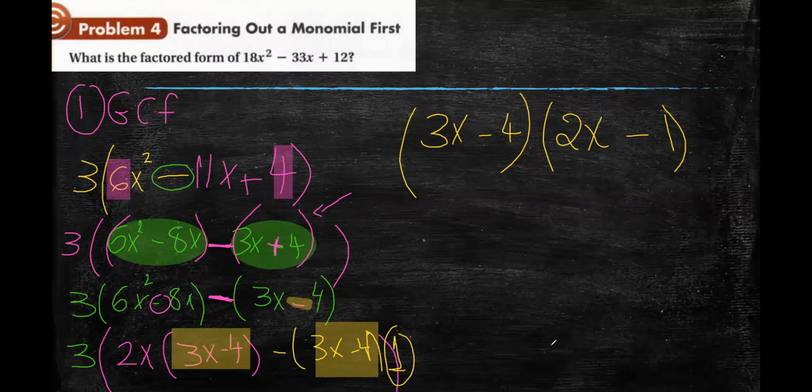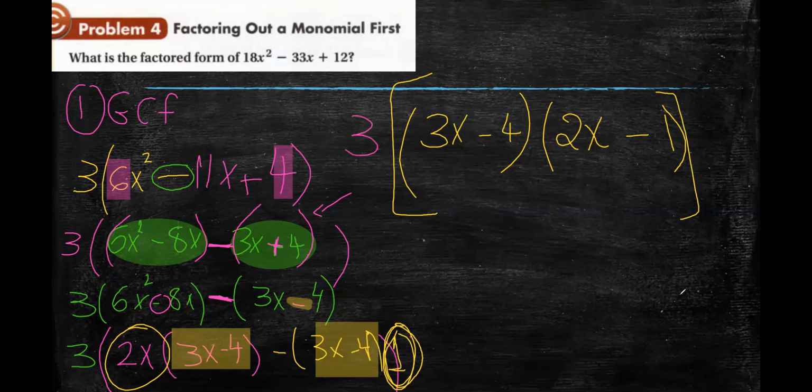Teacher, from where you brought the 3x? Oh, here. Minus 4 and 2x minus, if there's nothing here, there's a hidden 1. So 2x minus 1. Then after that, don't forget what? The GCF 3. So this is now the factored form of this complicated trinomial.